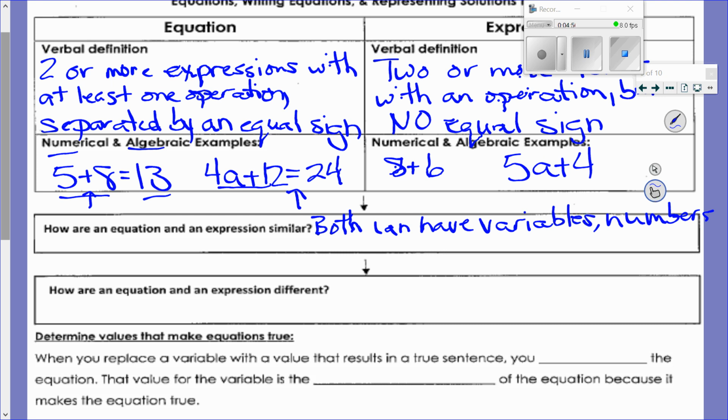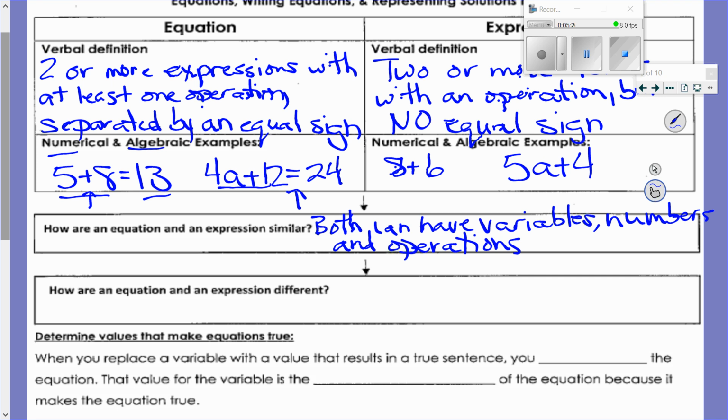And they both can have addition or subtraction and multiplication or division. What do we call those? What's the generic term? Operations. Okay? So all three of those parts can be the same. We can have numbers, we can have variables, we can have operations.